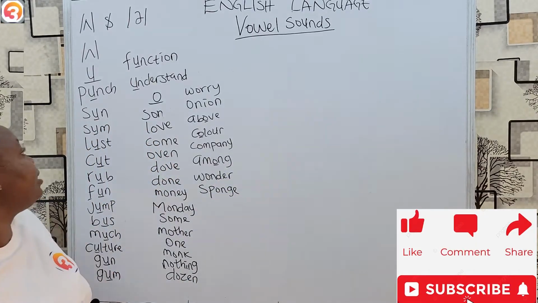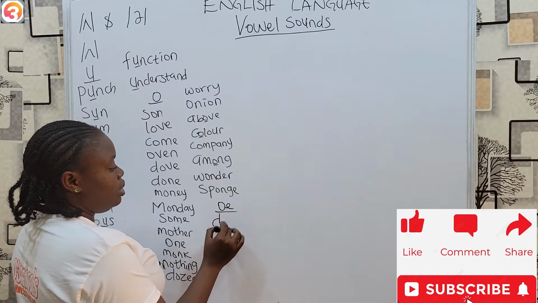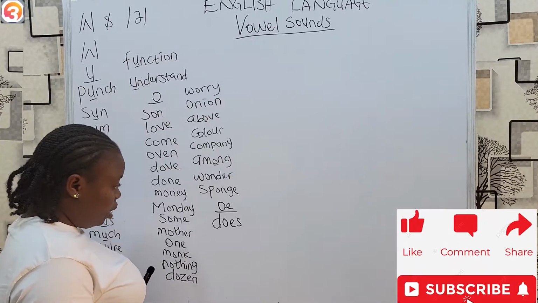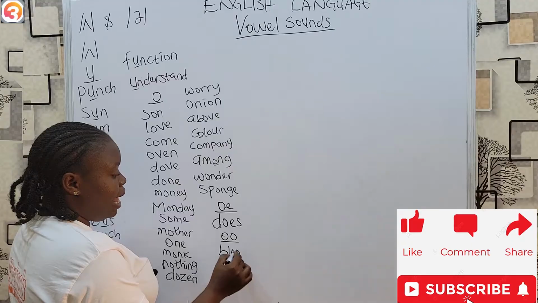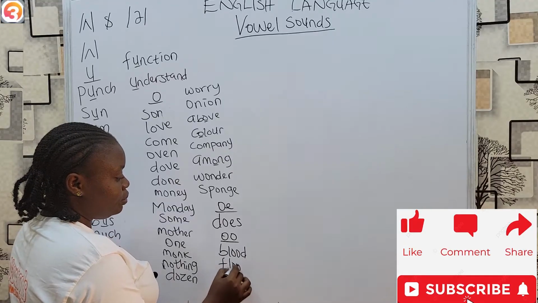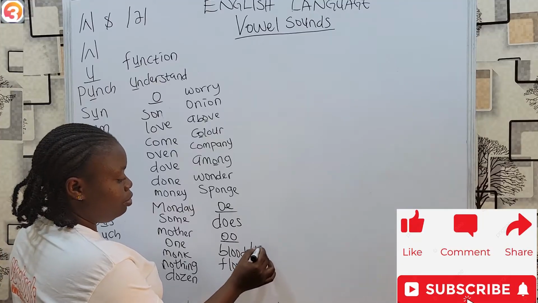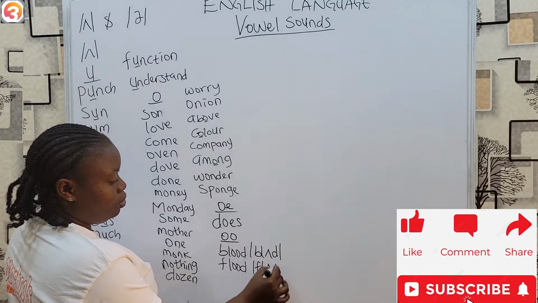We can also find this sound in OE, for example, does. We also have it in OO. We have blood and flood. So if you check the dictionary, the transcription of this would be there.